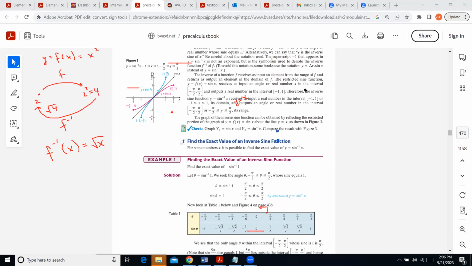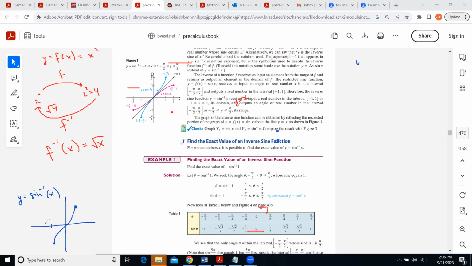So the sine function extends all the way to the left and to the right, but the inverse sine function is just one little piece. So it's very small. It's just from one point going to the other point.